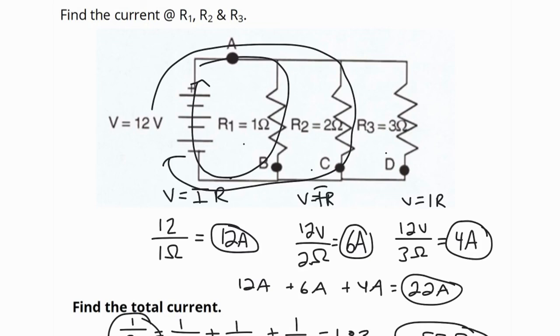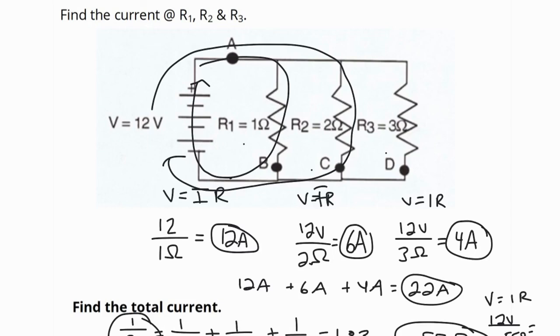If I wanted to now find the total current, I can use V equals IR. So I take my voltage, my 12 volts, divide by my total resistance, 0.55 ohms. So I get 12 divided by my answer, and I get 22 amps.